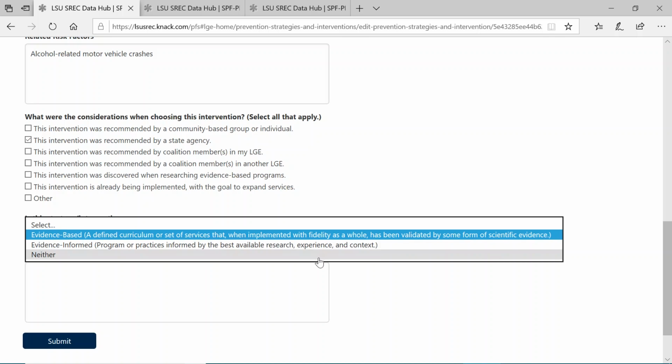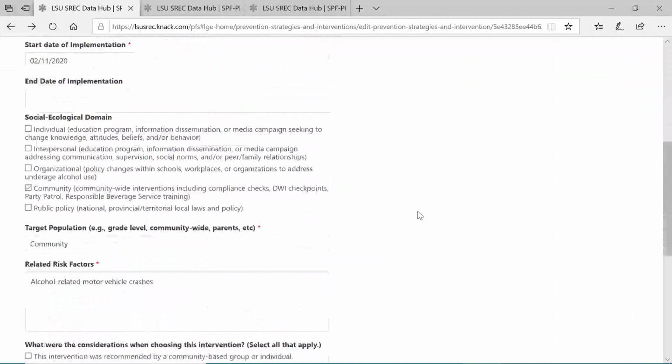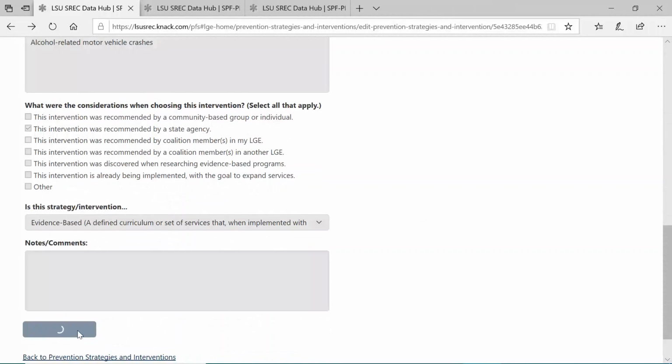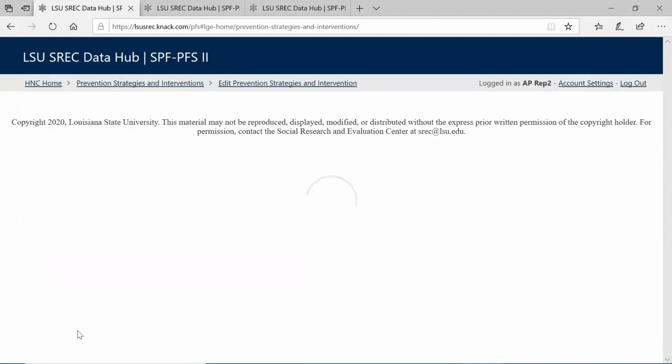And of course, some of your programs might be neither. A lot of media campaigns might be neither evidence-based nor informed simply because we just don't have that research available. Okay, and we will click Submit to save any of our changes.